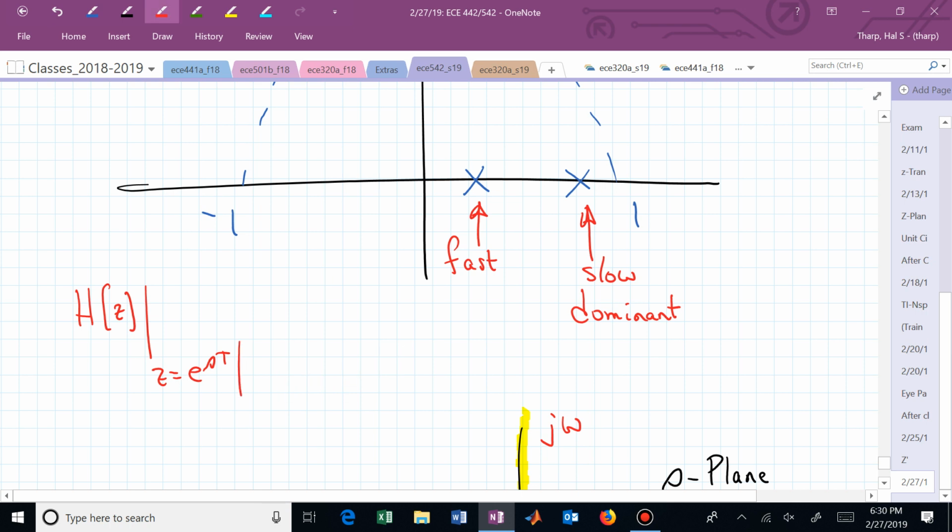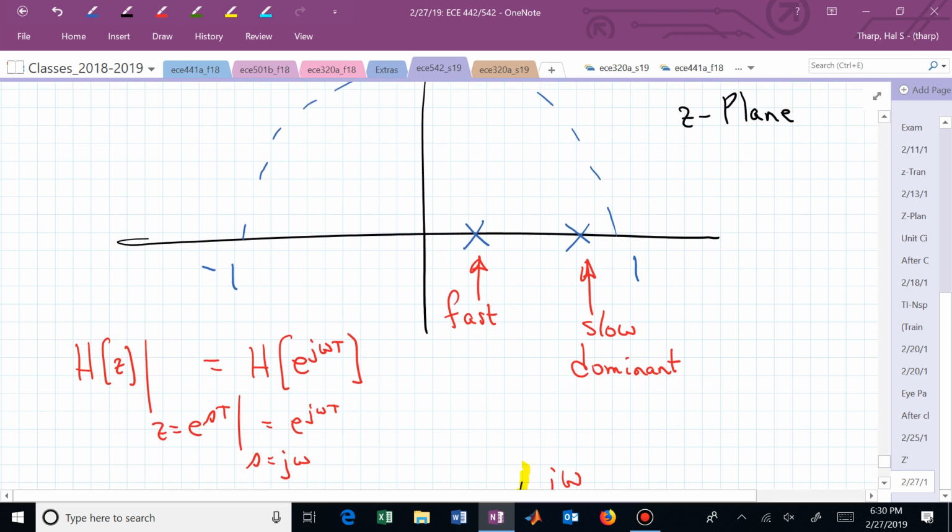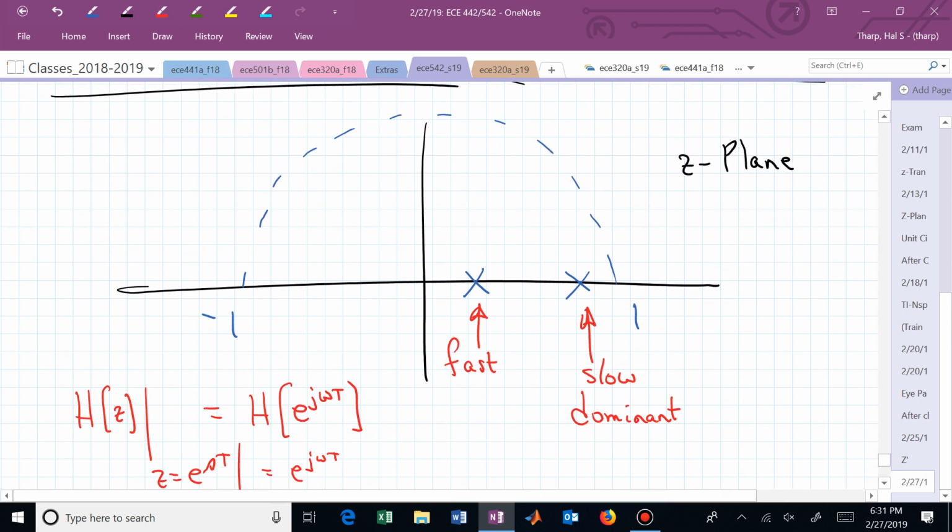And now we're replacing s with j omega, so that now we have this H evaluated at e to the j omega T. Where are we evaluating that H? If we're evaluating it at e to the j omega T, e to the j omega T has a magnitude of 1, so now we are actually evaluating that along the unit circle. That's our frequency response.